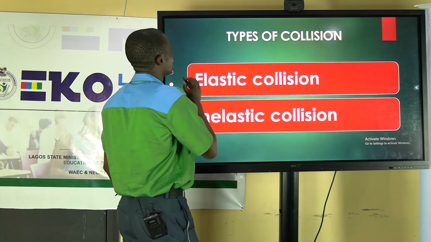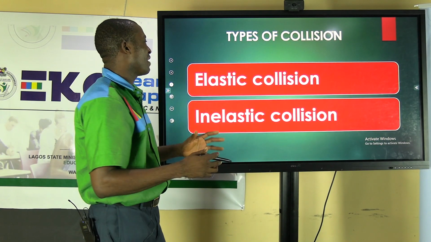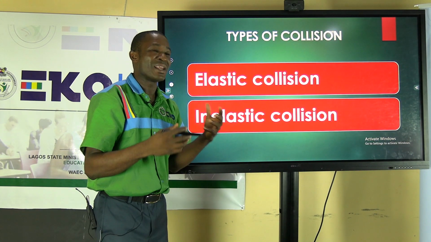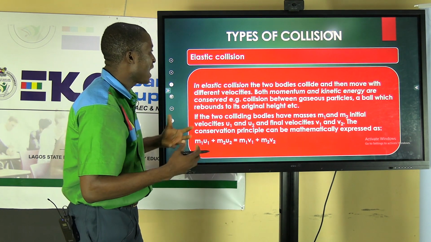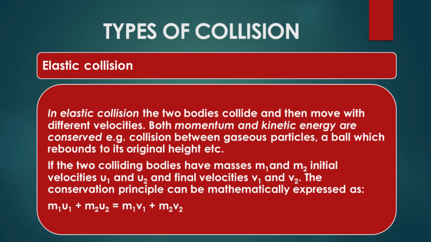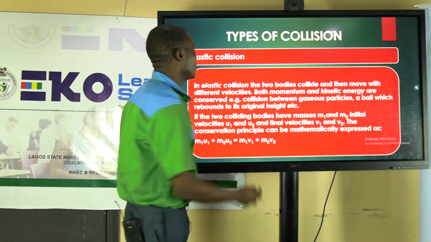We have two types of collision: the elastic and the inelastic collision. For the elastic collision, it happens between two bodies. Once they collide, they move with different velocities. From the word elastic, they are able to move apart. So look at it.